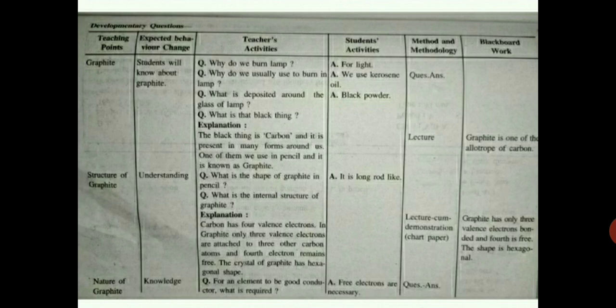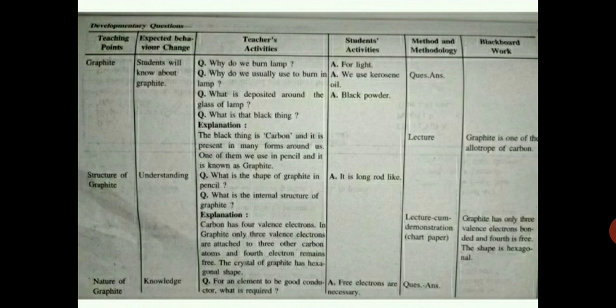And here you have to write down lecture cum demonstration. Why? What are you demonstrating? The pupil teacher will make a chart paper, of which a miniature will be pasted here. That means you have to take a full chart paper in the class on which you will draw the structure of graphite, and the miniature of that chart paper will be stuck here. The methodology will be lecture cum demonstration. That means you are showing the chart paper and explaining with the help of it.